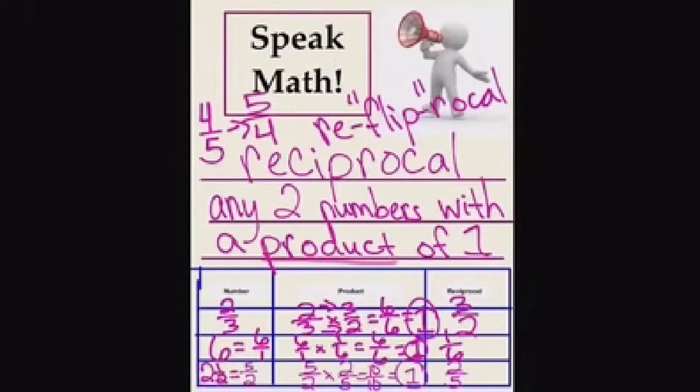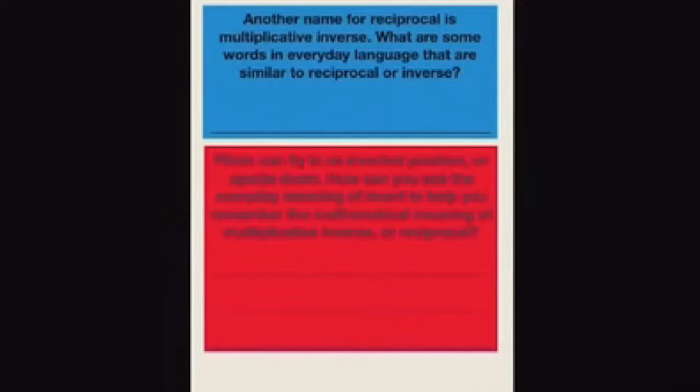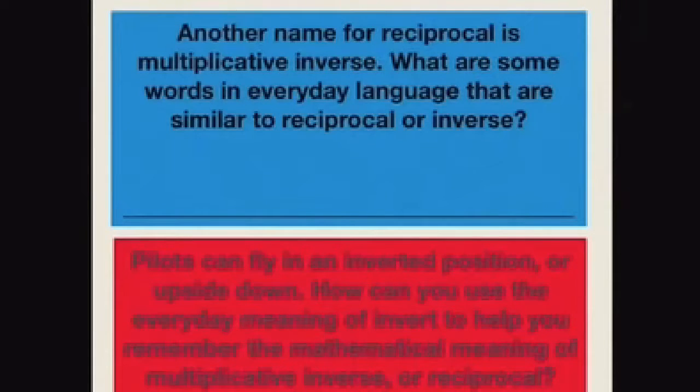Okay, now that we know what reciprocals are, let's practice a little bit more. Another name for reciprocal is multiplicative inverse. That's a tongue twister. Multiplicative inverse. What are some words in everyday language that are similar to reciprocal or inverse? Any ideas?